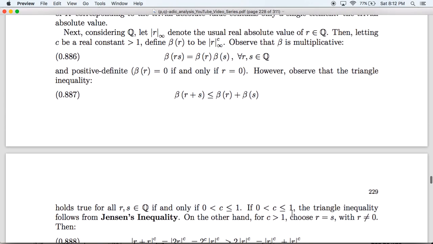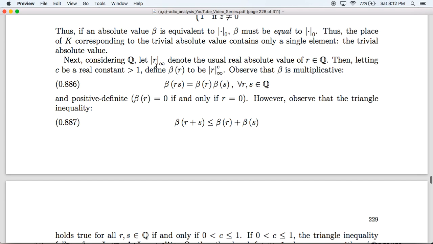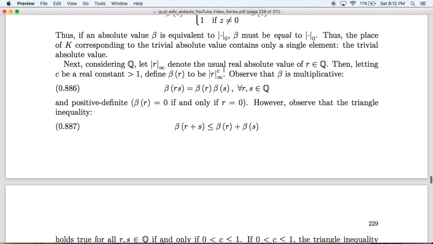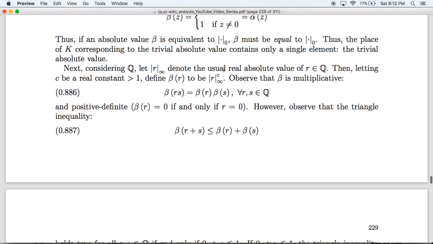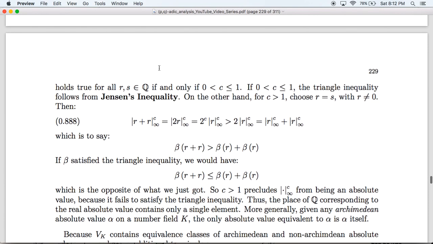So, in other words, whereas for the trivial absolute value, the trivial absolute value to the power of c is again the trivial absolute value, for the real absolute value on the rationals, the only c we are allowed to choose here is 1. So again, just like with the trivial case, for the Archimedean absolute value, the only element of its equivalence class is the Archimedean absolute value itself.